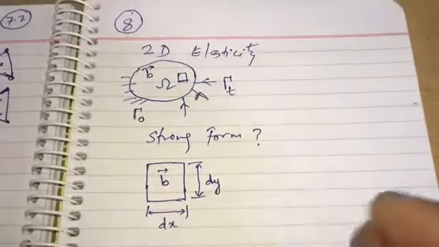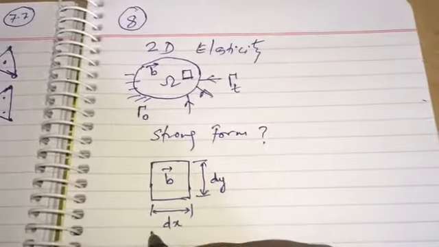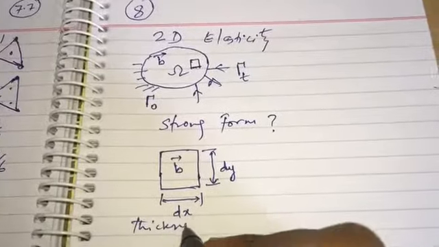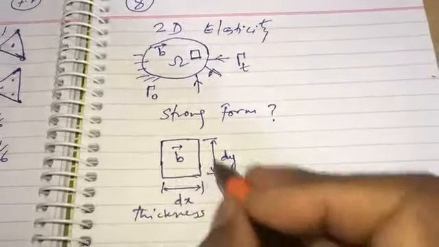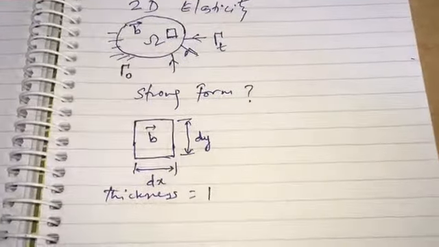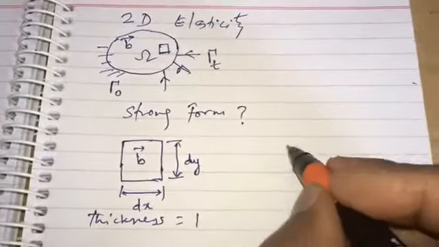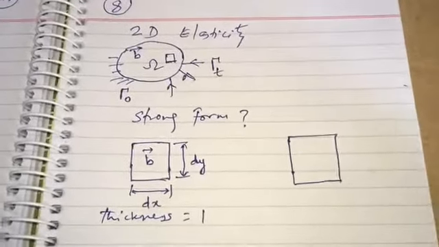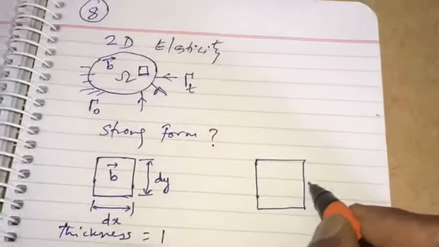So this is given here. Thickness we can assume to be 1. So let's say the thickness of this plate of the domain is unity. Let's see the forces that will be there. In an elasticity problem we are dealing with forces, or there will be stress.